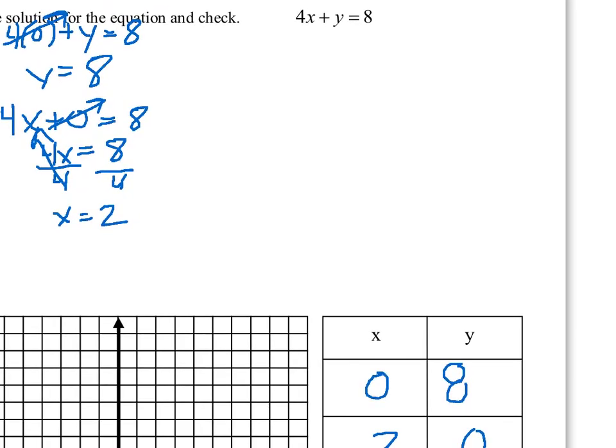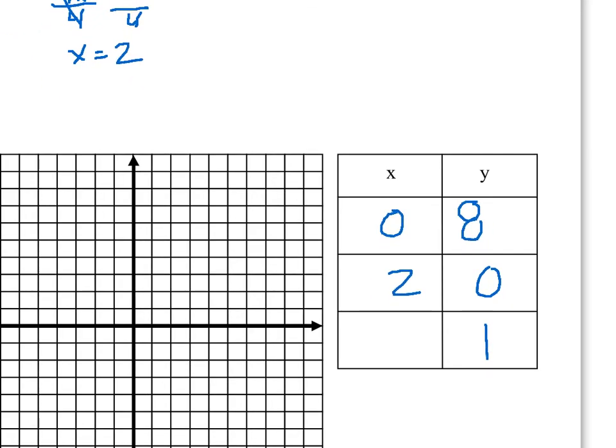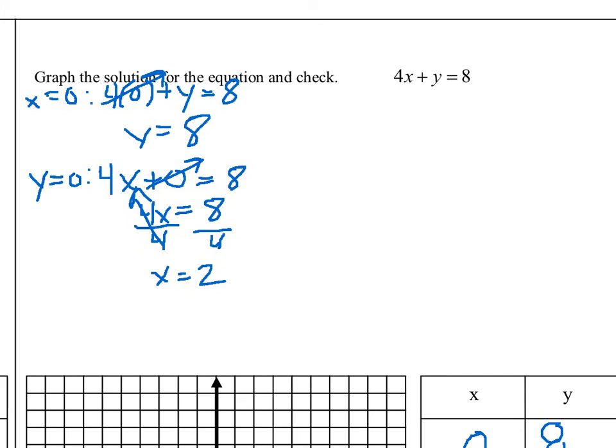And let's go ahead and try, what did we say? y equals 1. So that's 4x plus y is 1 equals 8. What do I need to add to both sides?